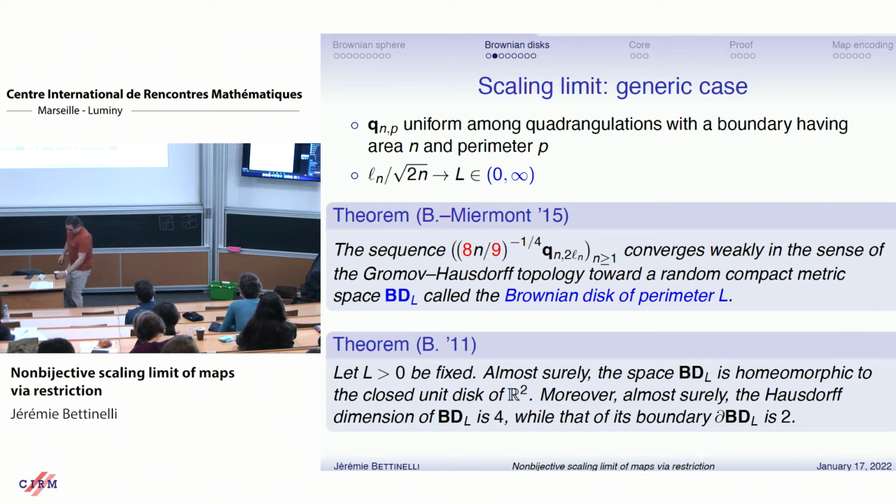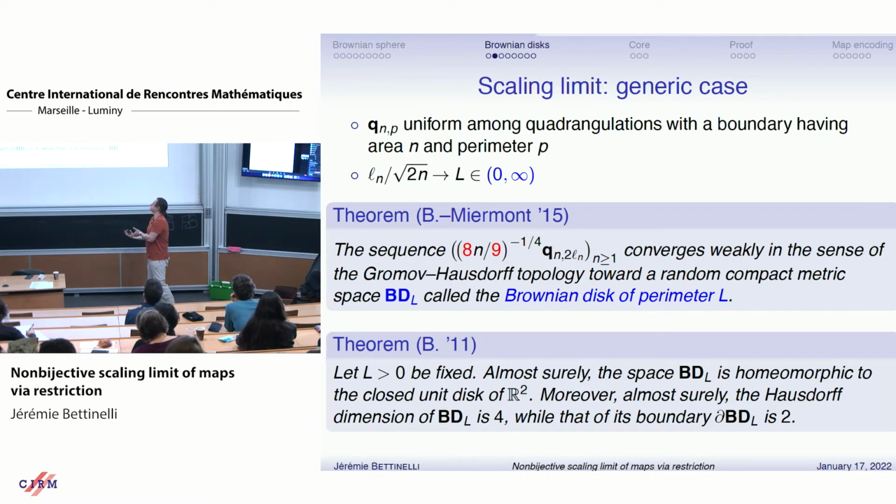And so for this model, we have many results. We know that if you take a uniform quadrangulation, where n is the number of faces and the boundary length is t, the number of faces I will call the area, and the number of edges on the boundary I will call the perimeter. If the perimeter behaves like a constant times root 2n, then you have convergence towards a random metric space.